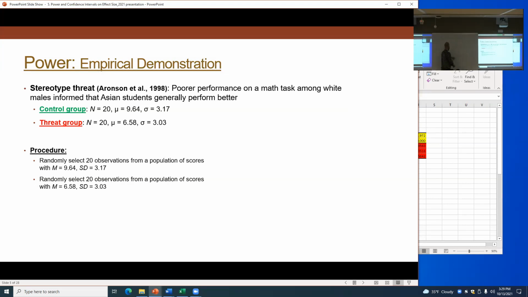This is my threat group, right? In big capital letters so that you know it's for real. Go through, pull 20 scores from this, okay? And so then what I do is calculate the test statistic. So I take the mean of the 20 people I pulled from this.